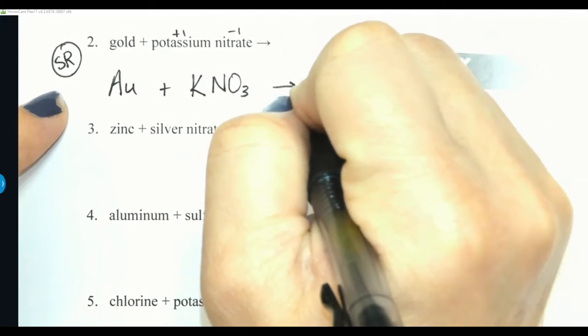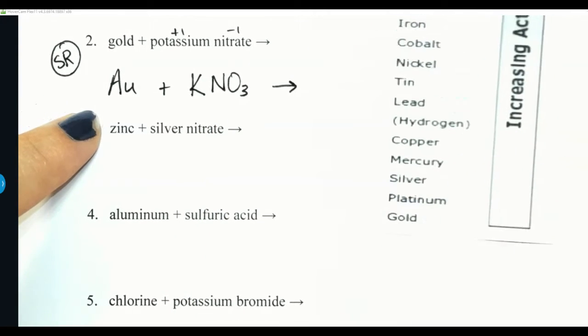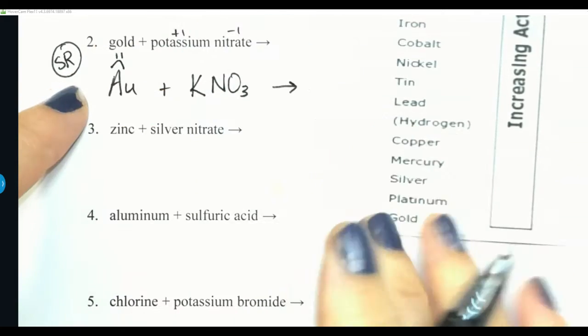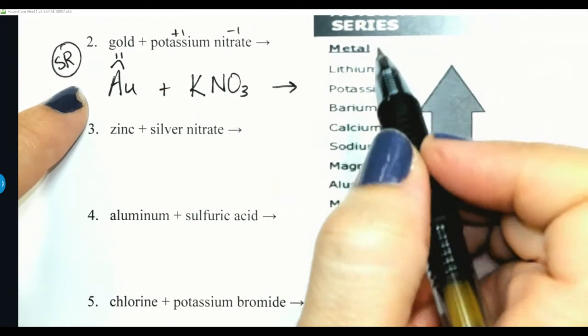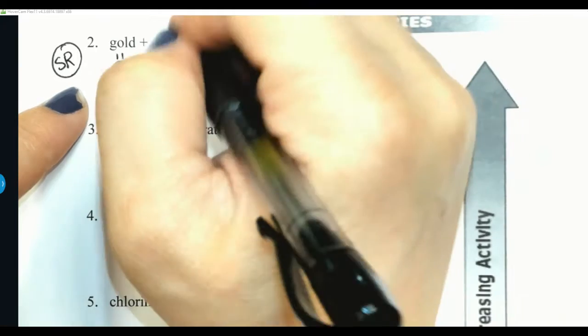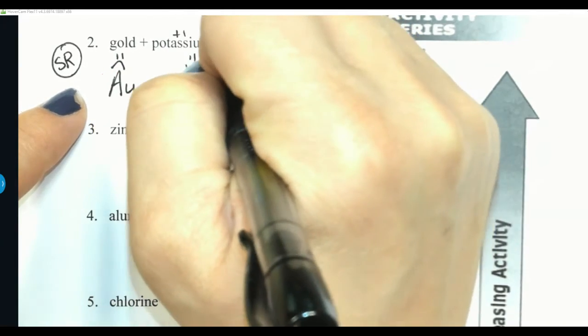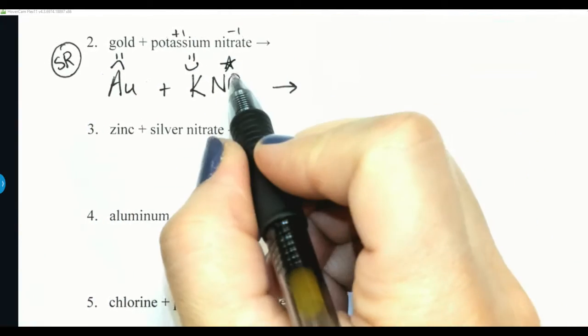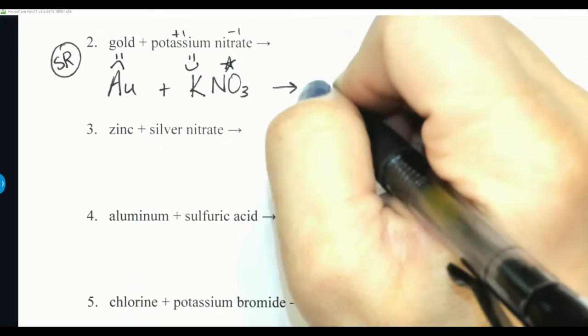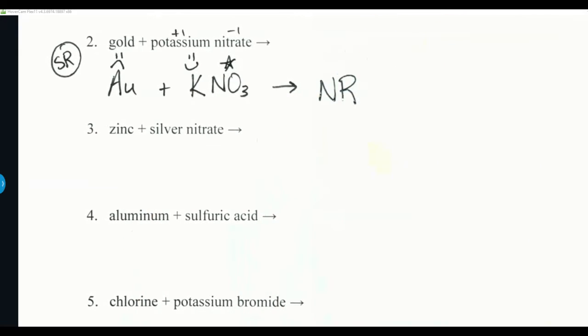So the question is, will this reaction happen? And my gold is down here at the very bottom. That is the bottom of the entire list, so it gets a frown. And here's potassium almost at the top of the list. So it gets the smile, and nitrate is the star. And since our smile wants to be with the star, this is no reaction.